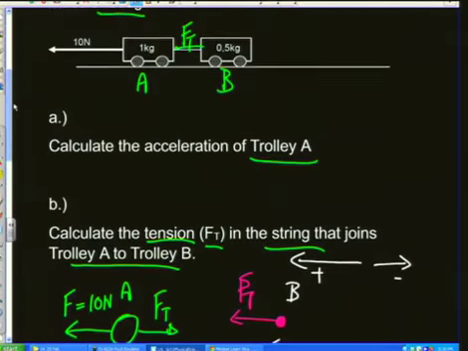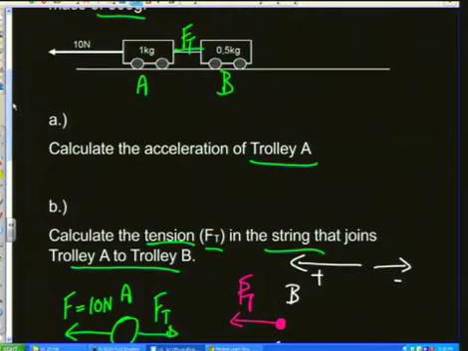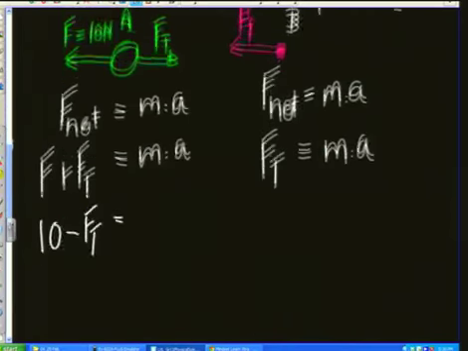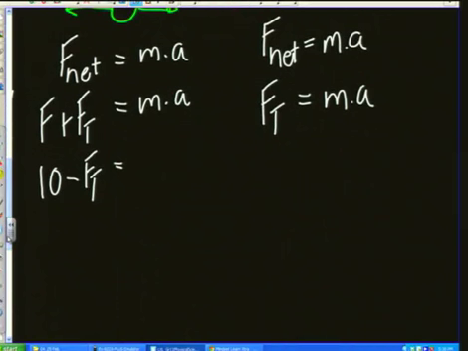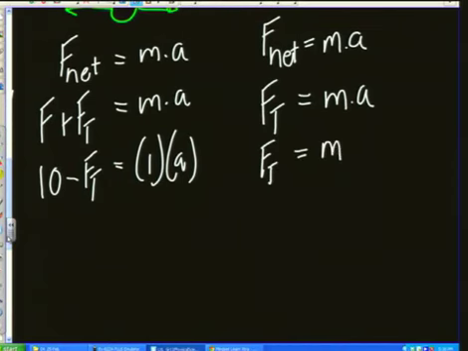The mass of A is 1 kilogram, and the mass of B is 0.5 kilogram. So this is 1 times a, the acceleration we don't know. And for B, the mass is 0.5, and the acceleration is a.